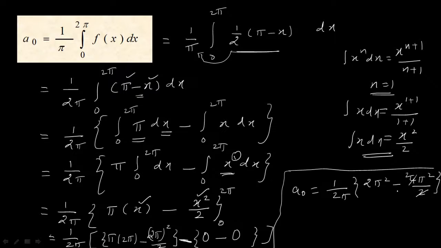If you cancel this, what do you get? 2 pi square minus 2 pi square, which means 1 by 2 pi of 0. So 2 pi square minus 2 pi square becomes 0. So here a naught is 0. So our first Fourier coefficient a naught value for the given function is 0.